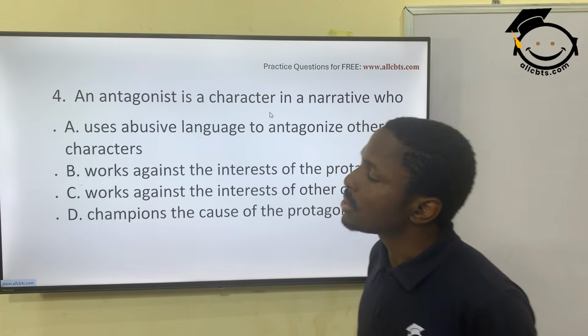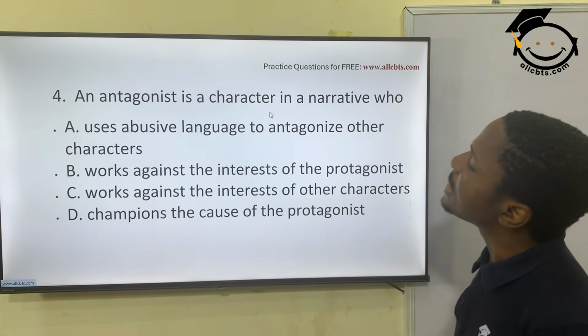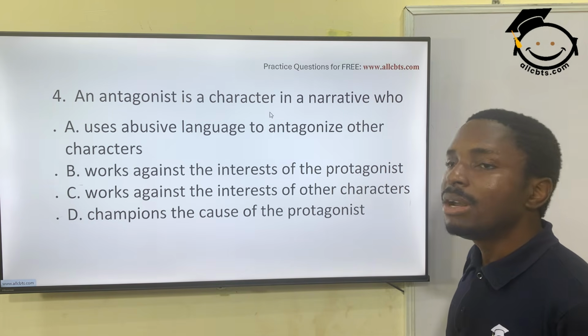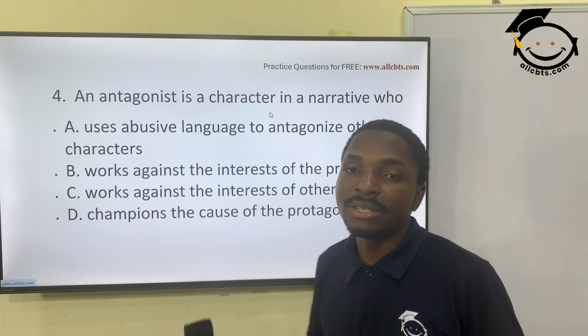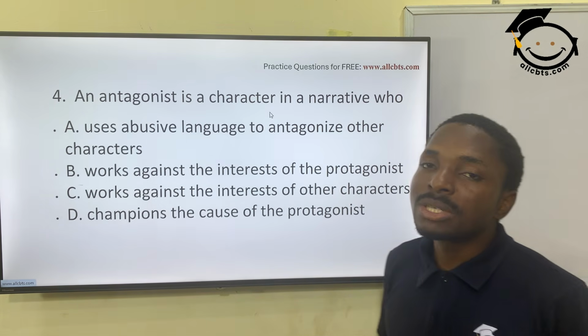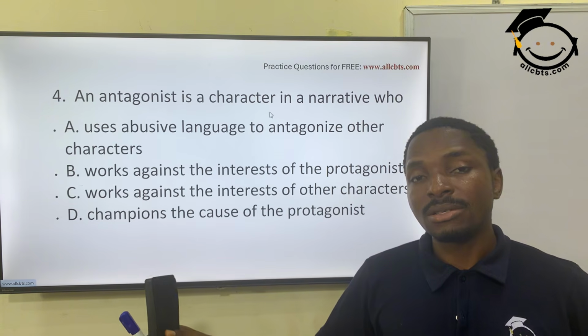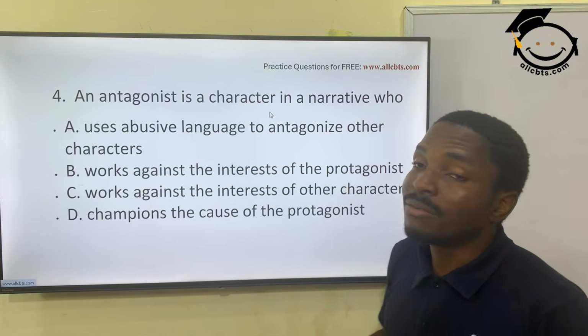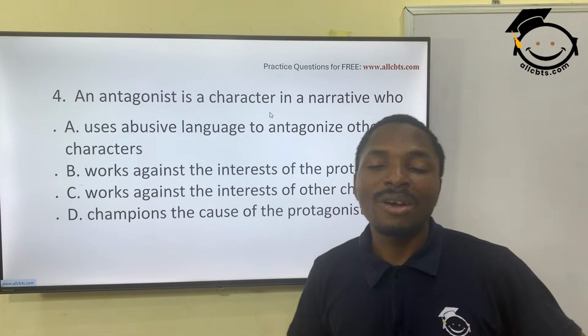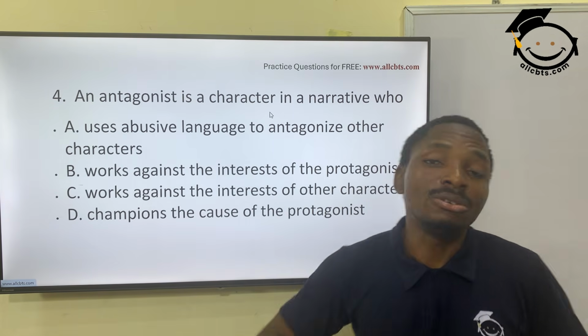Then question 4. An antagonist is a character in a narrative who dash. Now, a narrative, a play or a drama, will always have two major characters, especially in drama. You have the protagonist. In Nigeria, we call them the actor and the boss. So you have the protagonist and you have the antagonist.